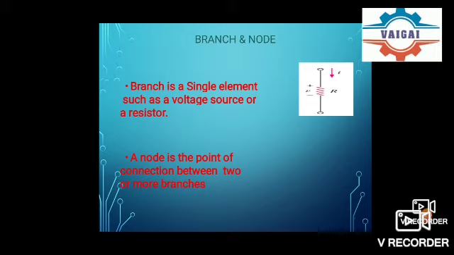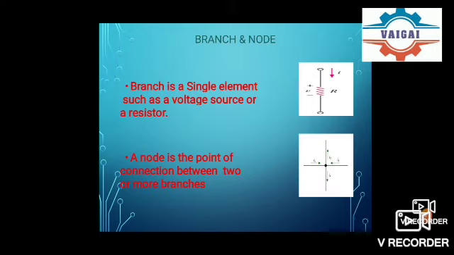Next, node. What is meant by node? Node is the point of connection between two or more branches. See the diagram in which there is a meeting point of elements, that is called a node. In the node, the currents I1, I2, I3, I4 are flowing and meeting at a single point.